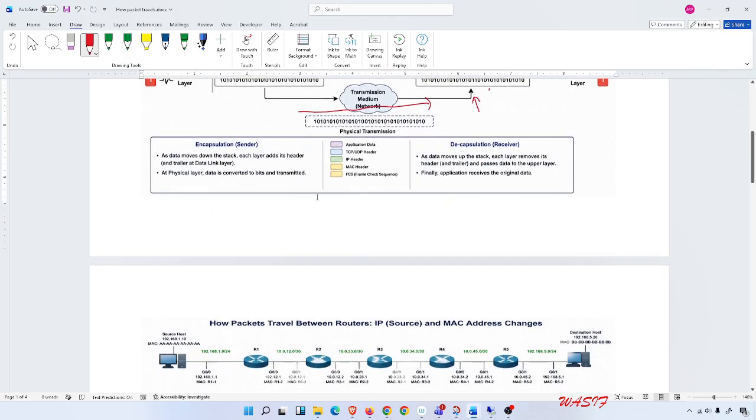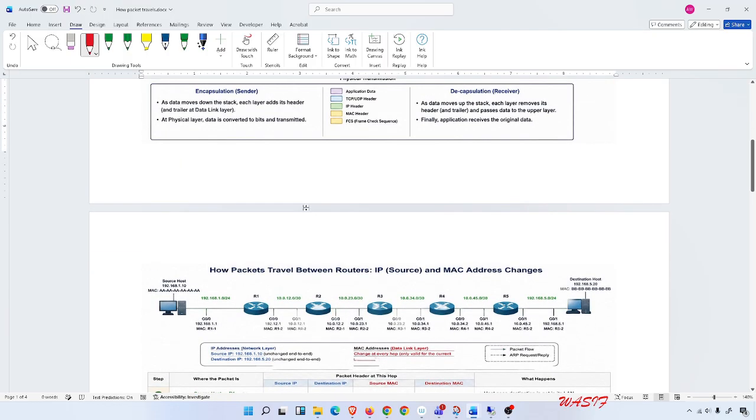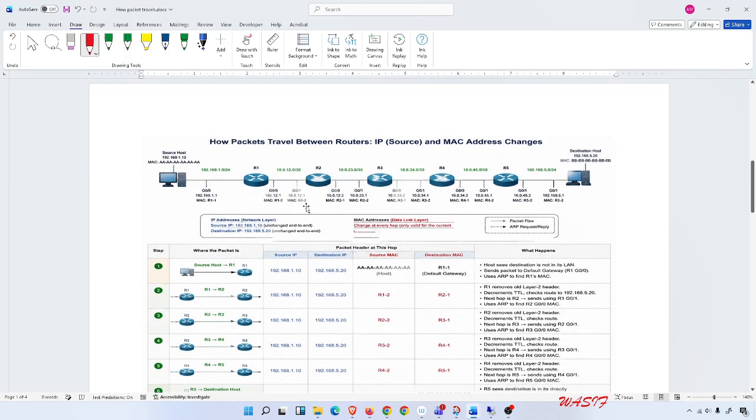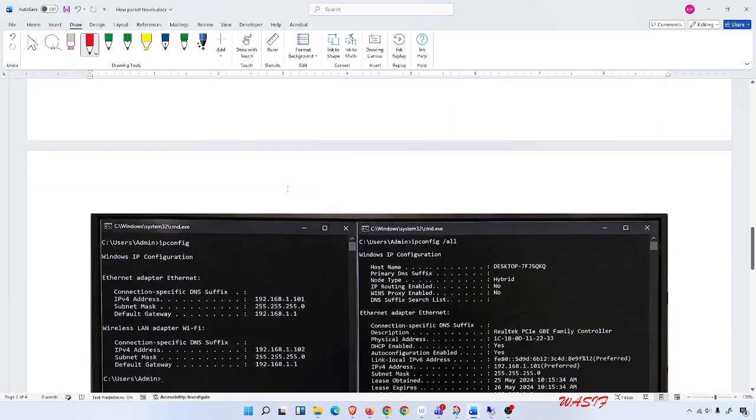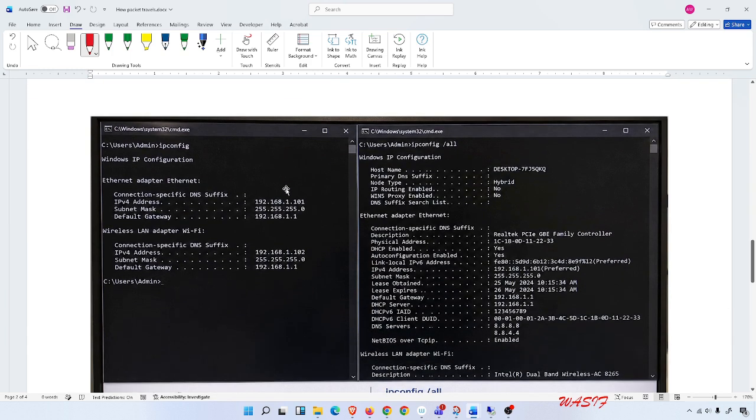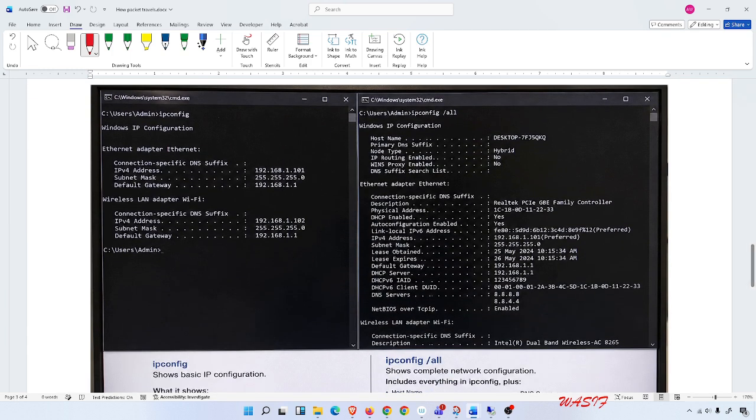Now we will go through this topology where we have the sender and the receiver. Before we go there, a few things. ipconfig gives the IP address, but not much about the MAC address or other operational things.